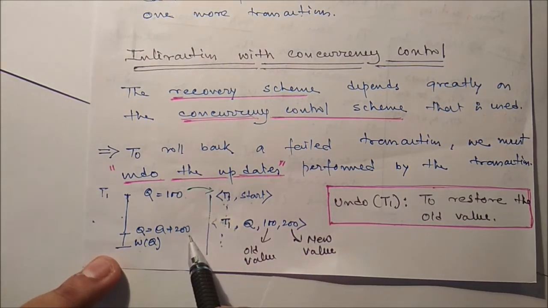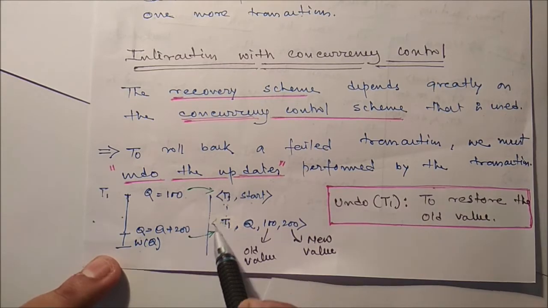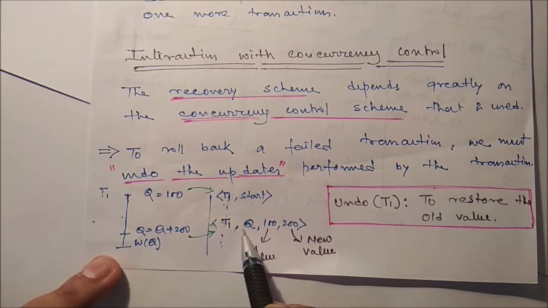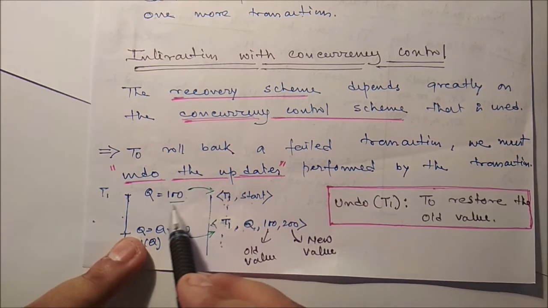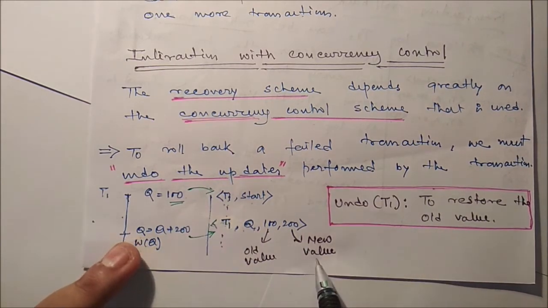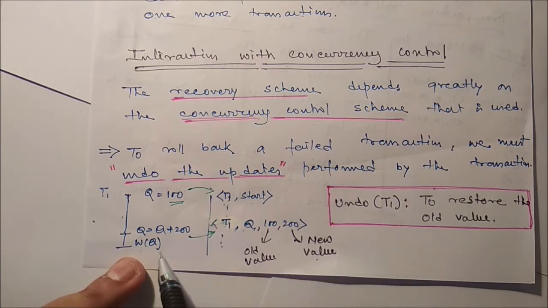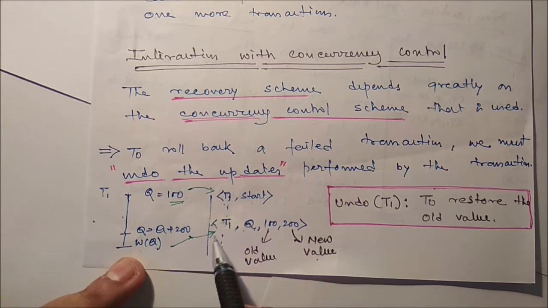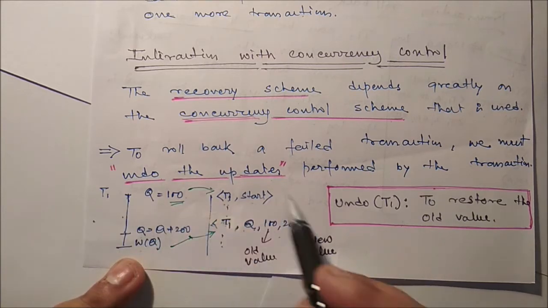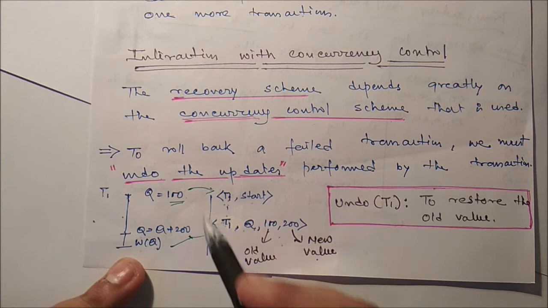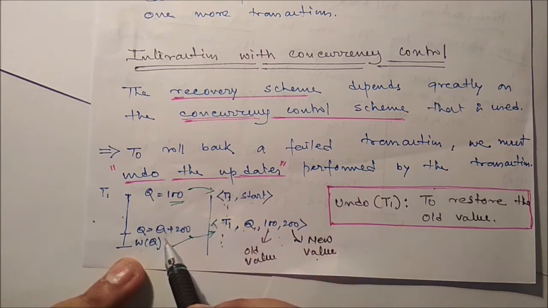After that, on write, we have to keep T1, Q, where Q is a variable, 100 is the old value and 200 is the new value. After write Q, this information is added to the log table. This is our transaction, and this is our log file where we store the activity of the transaction.